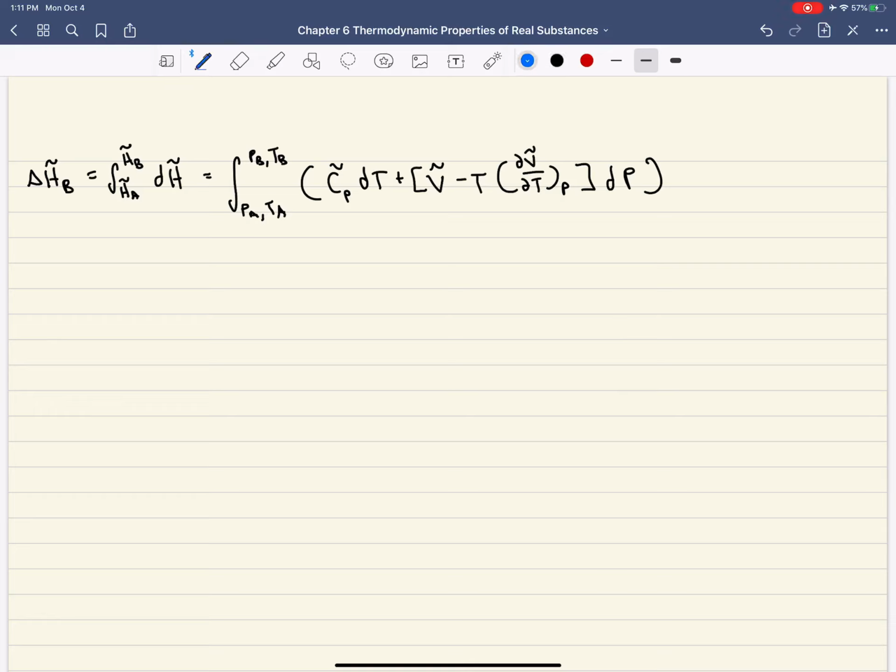Right, but this time what we're doing is we're changing temperature but holding pressure constant. And so that means our dP term is going to be equal to 0. And so as a result, we don't need to worry about this big chunk of a term at all. Okay? So that's isobaric.